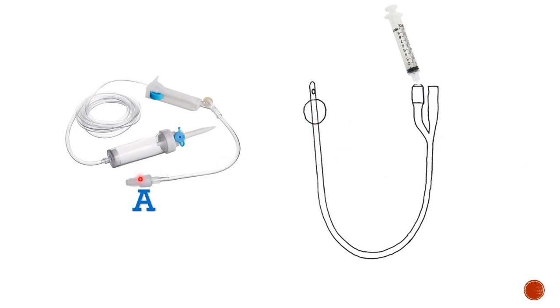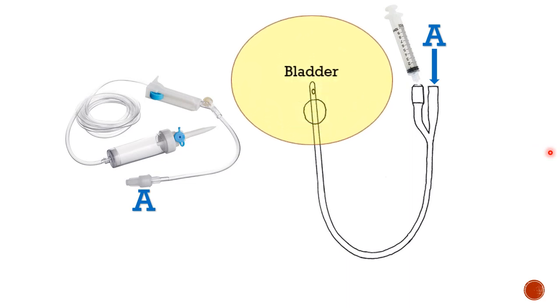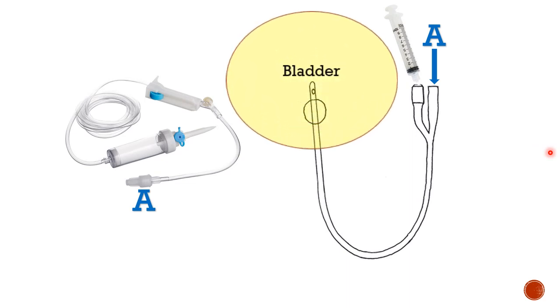So where should you put this IV drip? You should put this part into this part. Therefore, when you have this and this connected, you just need to lift up the 1 pint normal saline, and you just squeeze and it will inflate the bladder by itself. Alright, so this is how you inflate the bladder.